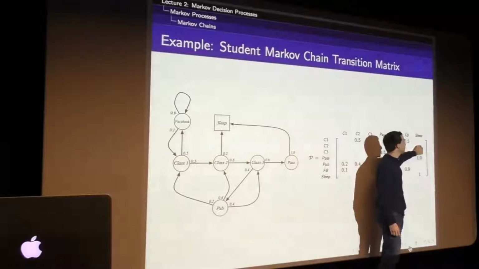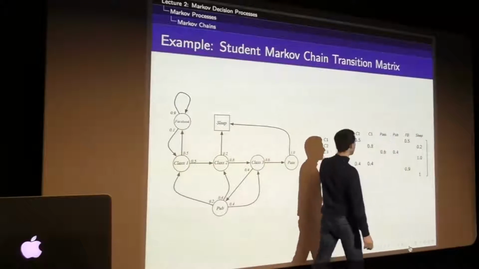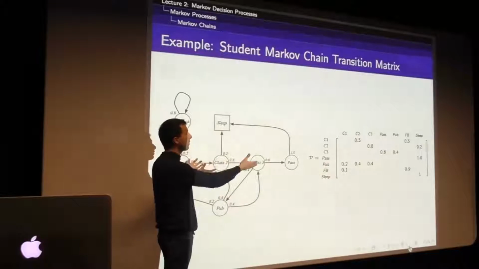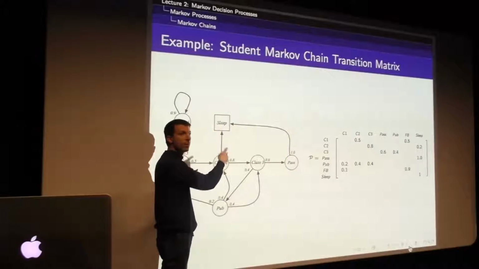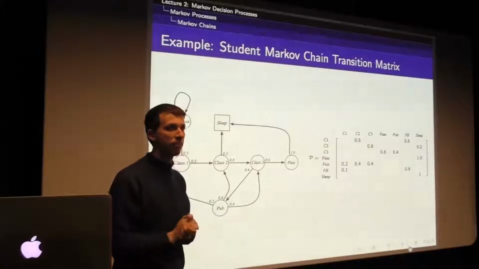But if we go across, there's also a 20% chance of transitioning to the sleep state. If we look at all of the rows together, that fully describes the entire dynamics of the system. Once we have this matrix, we're able to sample repeatedly from it and get our samples of sequences of states from this Markov process.